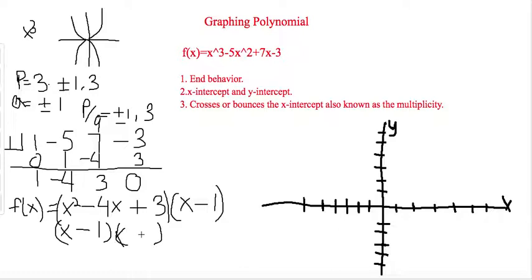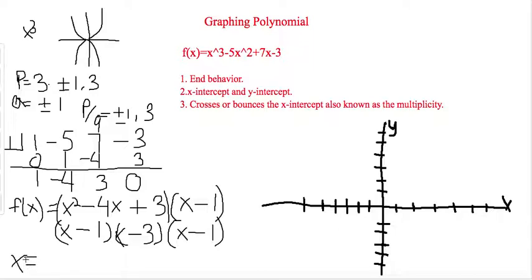So it's x minus 1, x minus 3, and then x minus 1.